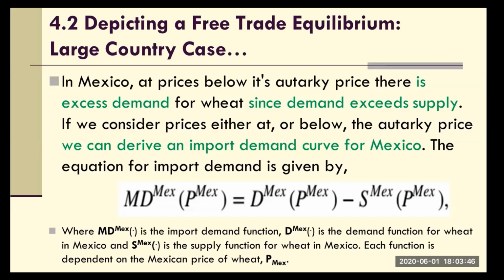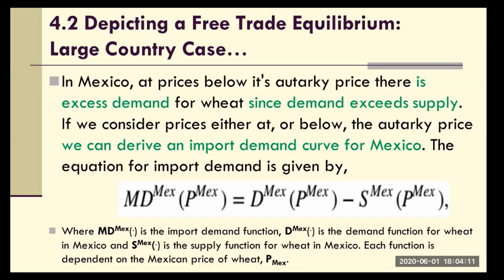The equation for import demand is: import demand of Mexico at price P equals demand in Mexico at price P minus supply in Mexico at price P.